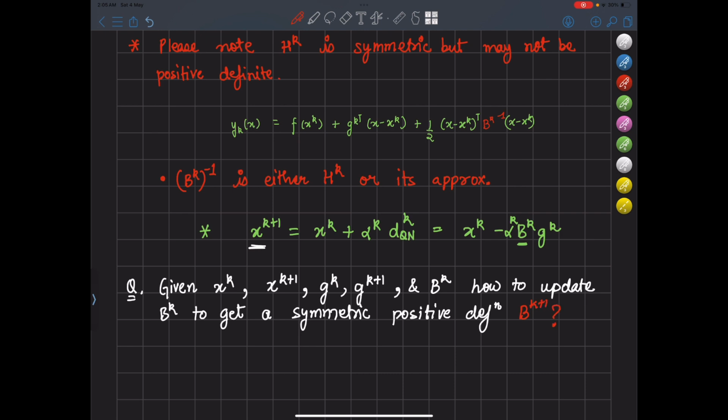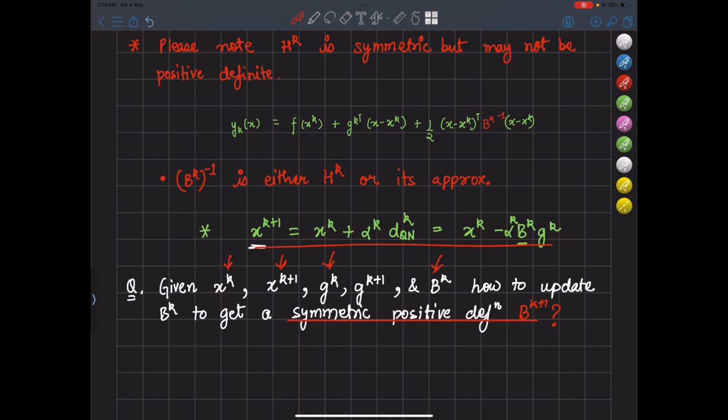How do you get this matrix? So let's say we have xk first. We calculate xk plus 1 through this formula, and we take some initial value B naught, let's say, and we have Bk. How do we calculate Bk plus 1 from this information? That we have to figure out.